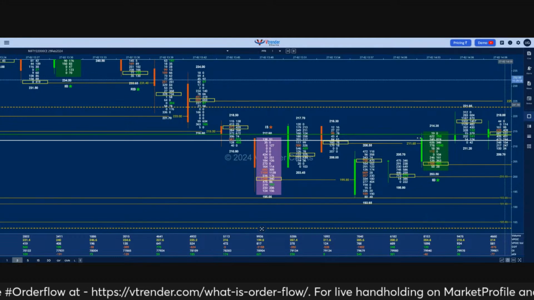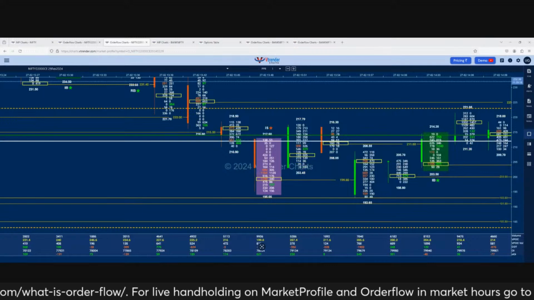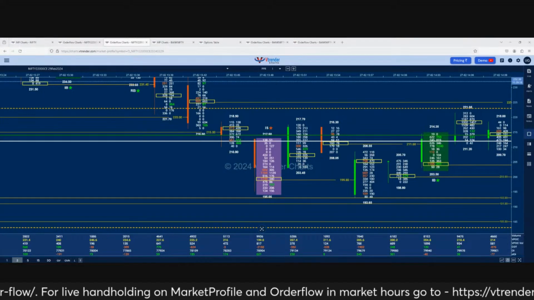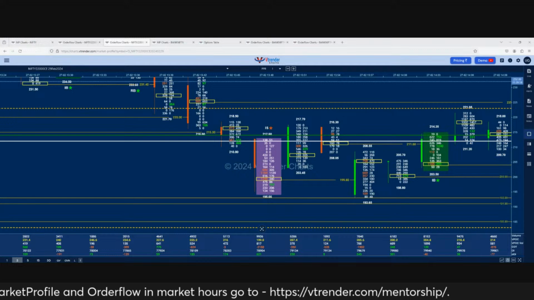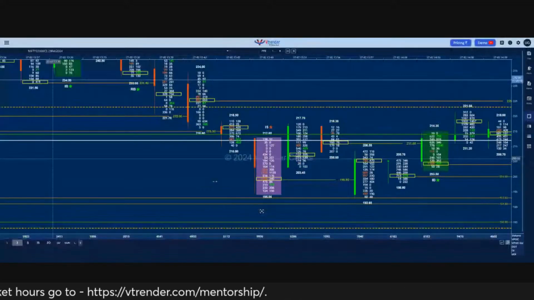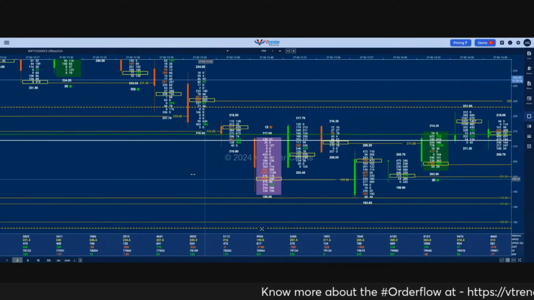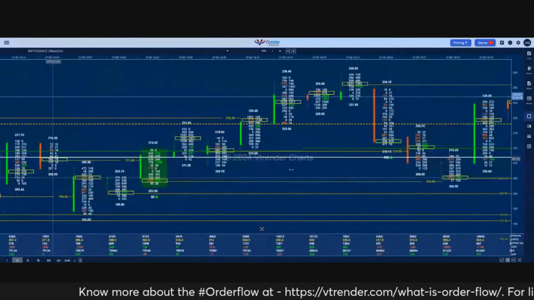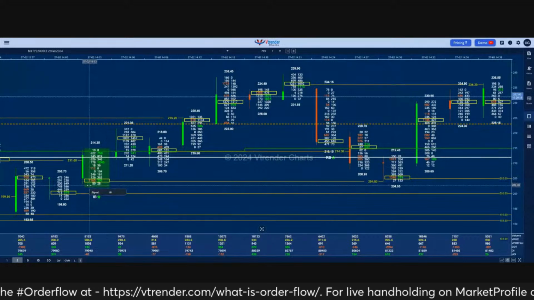So this is how you want to read the order flow charts and take positions as per the references. It made this balance at VWAP support right at this low of the IB bar.